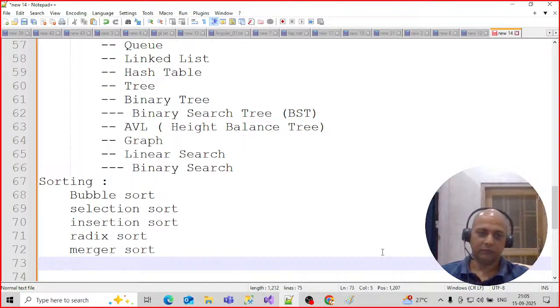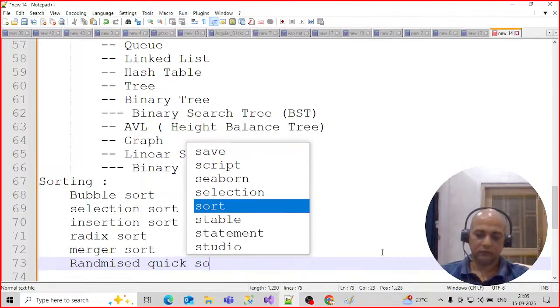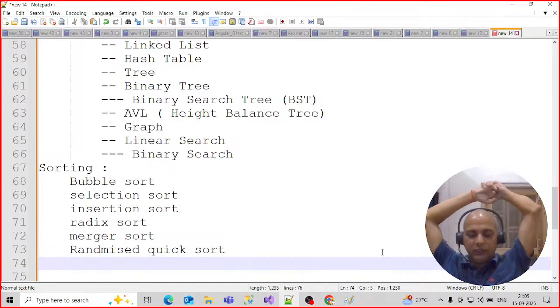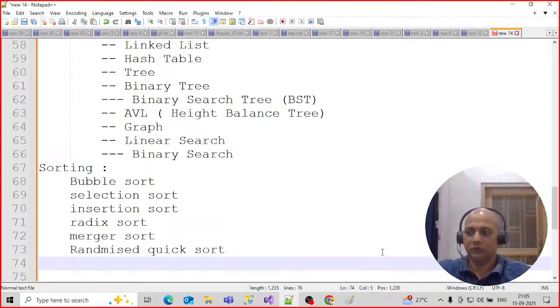And you have a randomized algorithm also, randomized quick sort. So different sorting techniques. We need to identify which sorting technique would be more effective for the particular problem, right?